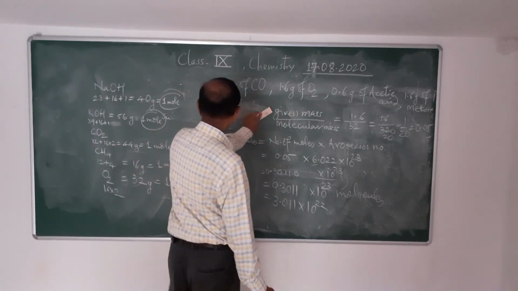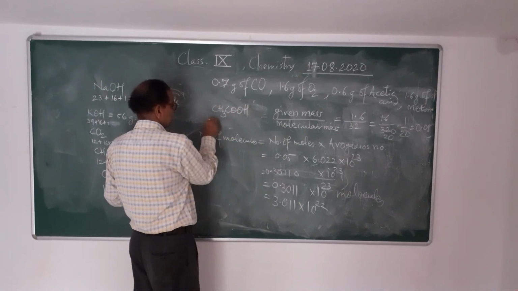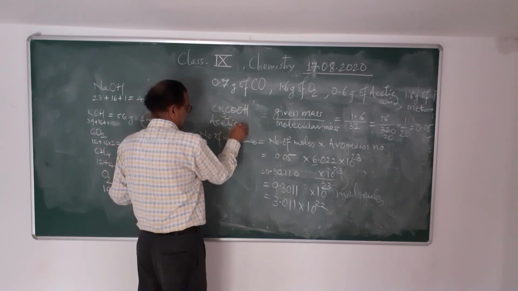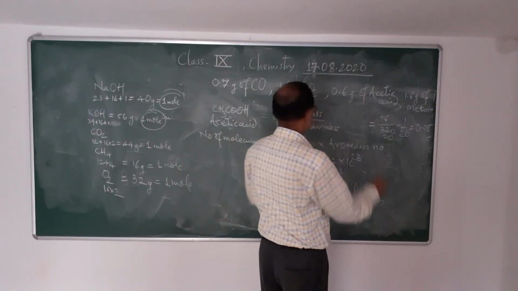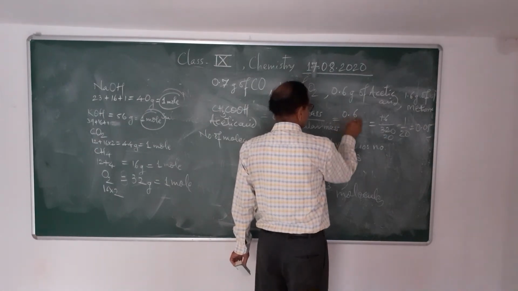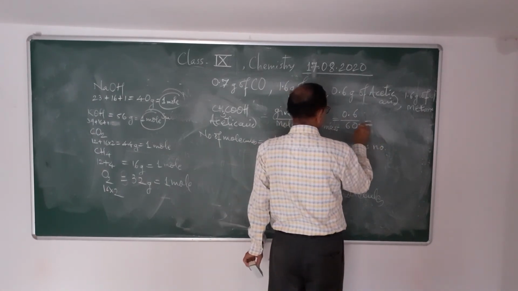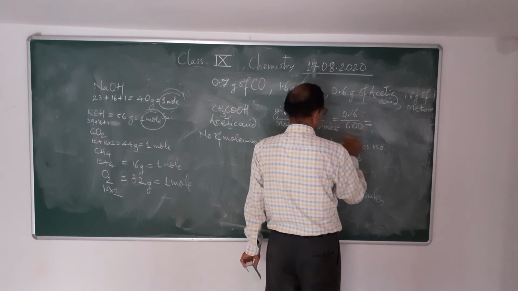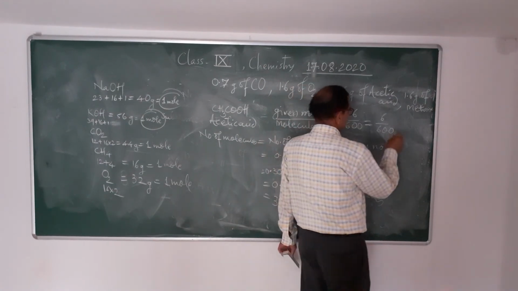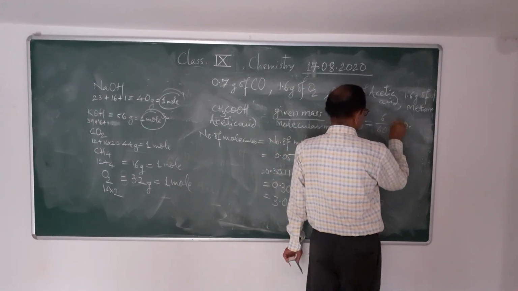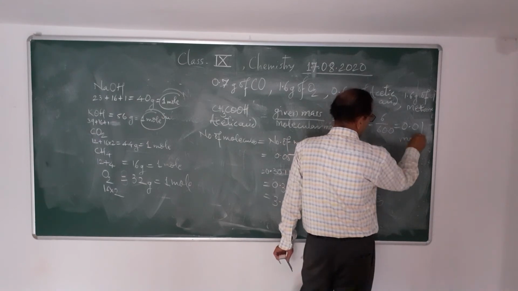Then about acetic acid, CH3COOH. Now about acetic acid, 0.6 gram. 0.6 divided by 60 is equal to 6 upon 600, which is 0.01 mole.